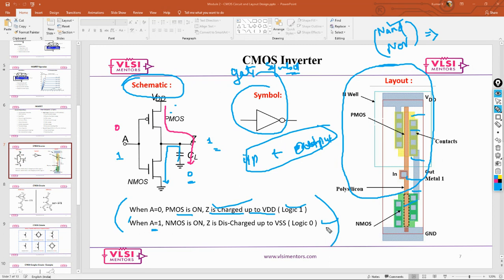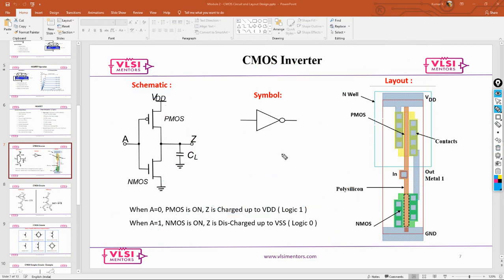Now coming back to the inverter, there is something called a waveform that we always look at, the input and output waveform.